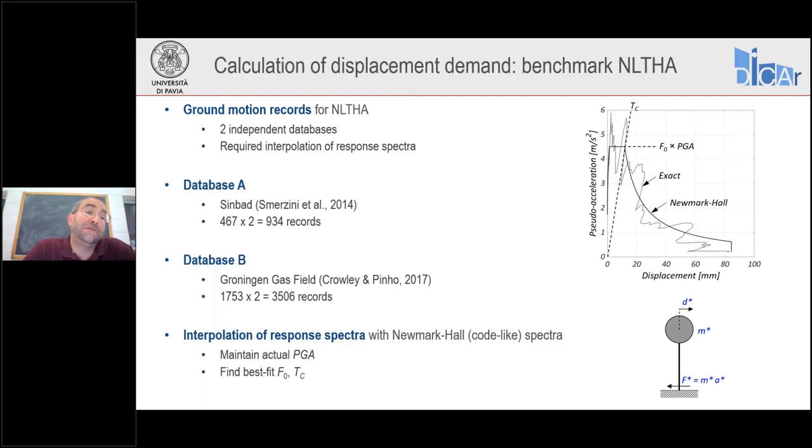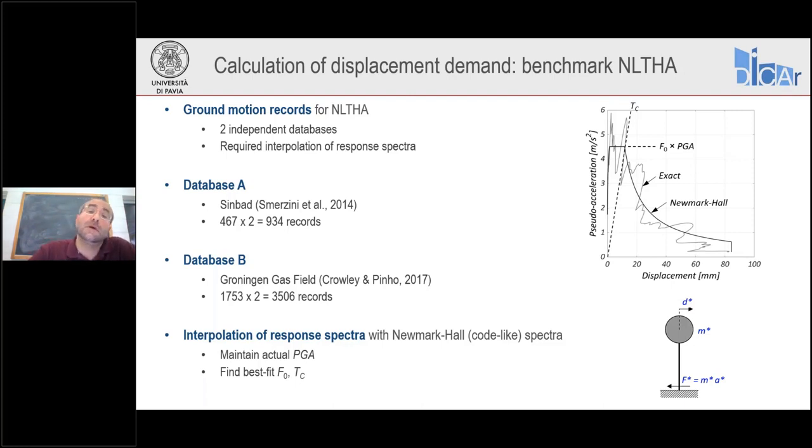Remember that the other transition periods, TB and TD, are all related to these parameters in the ERGOCAD. Now, the first database, database A, included 934 records. The second one, more than 3,500 records. The first one is for tectonic seismicity. The second one was assembled for a specific problem of induced seismicity in the Netherlands.